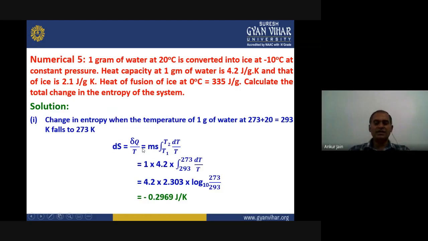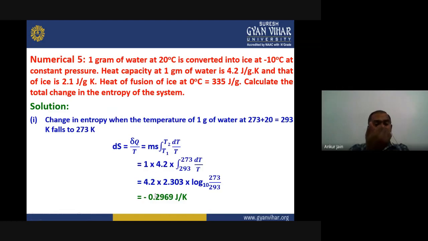For that, dS equals delta q upon T, and again the temperature is different from 20 to 0 degrees centigrade, so we are putting here the integral from T1 to T2 of m s dT upon T. m is given already, m is 1 gram, s is given as 4.2 joule per gram Kelvin, and then we will do the integration from 293 Kelvin, because 20 degrees C, to 273 Kelvin, which is 0 degrees C. dT upon T will be log T, and by putting the limits we get the expression something like this, and here minus 0.2969 joule per Kelvin, the answer for this particular step.